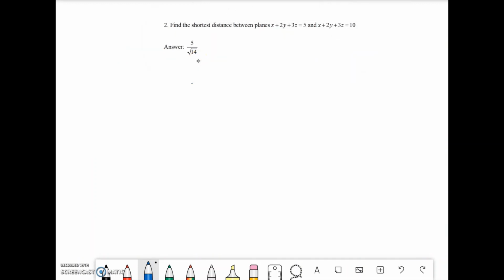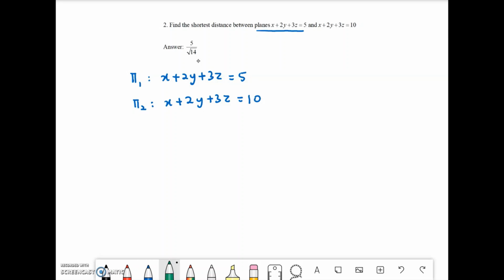Another example is to find the shortest distance between planes, these two planes. So we have our first plane equal to x plus 2y plus 3z equals 5. And then our second plane is x plus 2y plus 3z equals 10. So from here, you notice that since this is the equation of a plane, the constants of x, y, and z are actually our normal vector, which is a, b, and c.